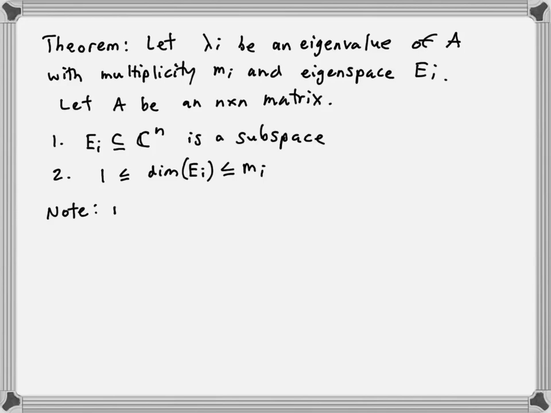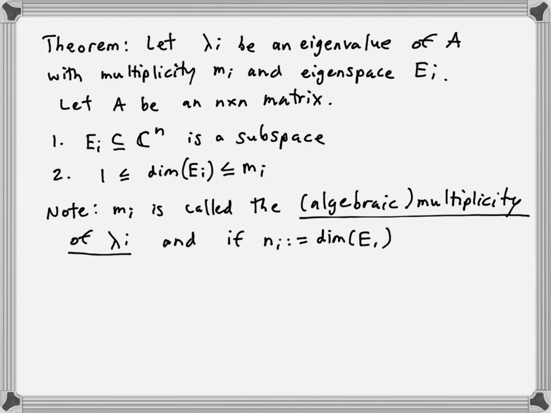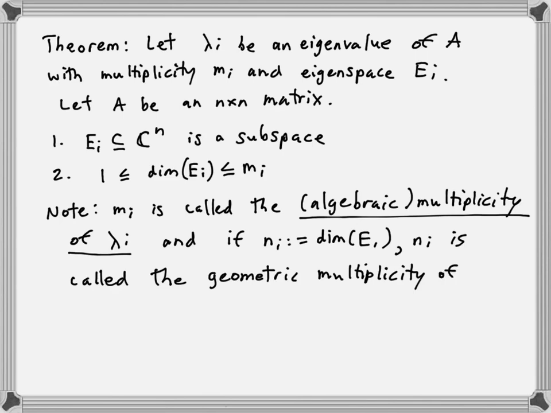I want to say that m_i is called the algebraic multiplicity of lambda_i, and if n_i is defined to be the dimension of E_i, n_i is called the geometric multiplicity of lambda_i.